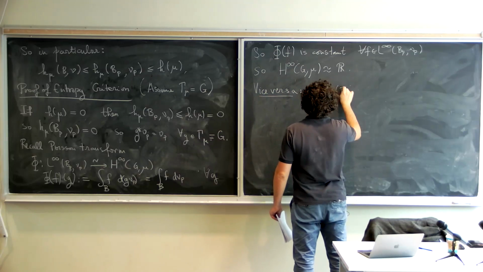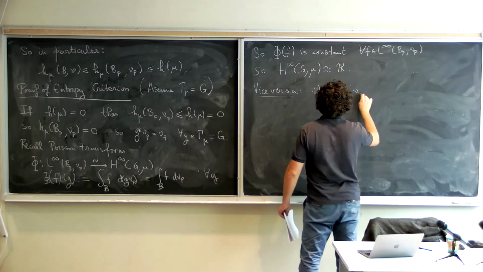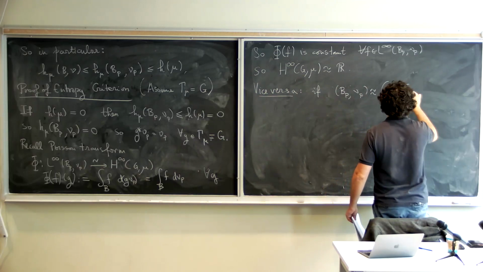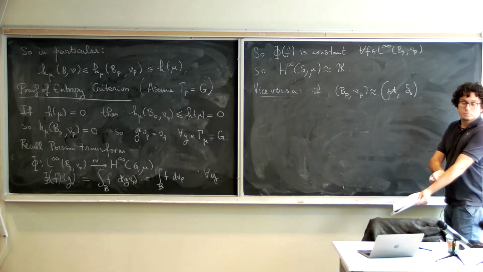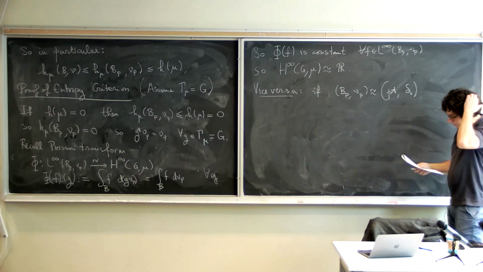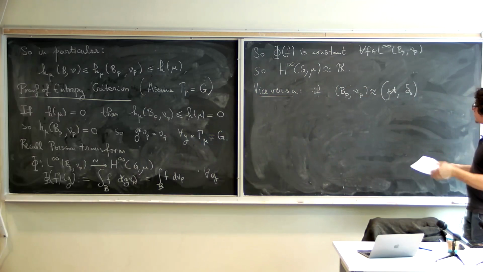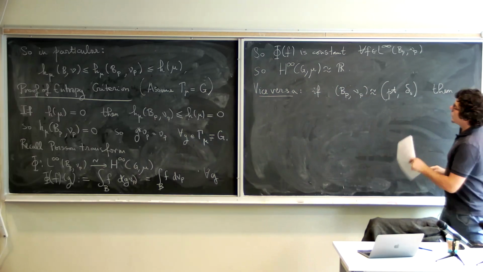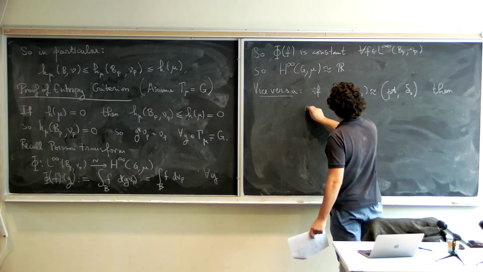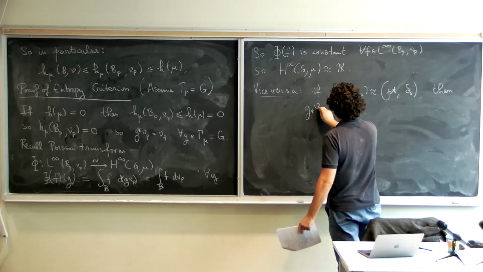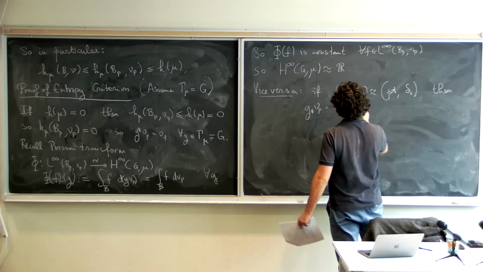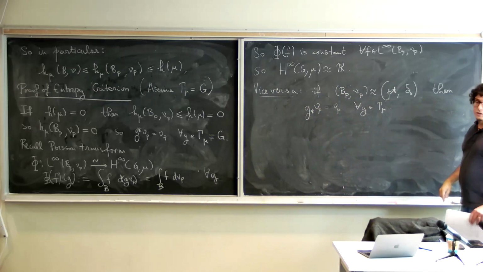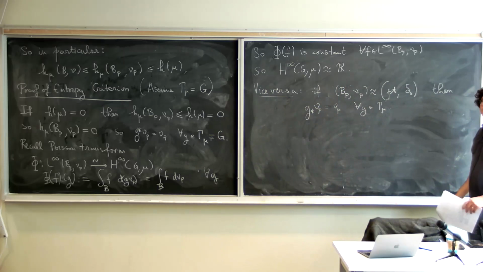Vice versa here is that if the boundary is trivial, (B_P, nu_P) is isomorphic to a point. Well, then clearly this measure is invariant: g star nu_P equals nu_P for every g, because there's only one point.